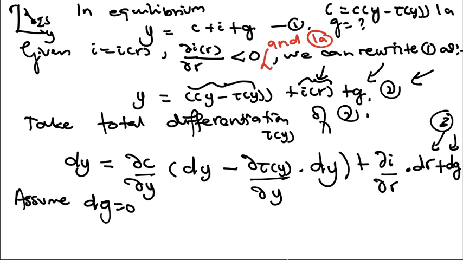What should we do with equation 2? What you need to do with equation 2 is to rearrange it in such a way that you get dr over dy equals to something here.